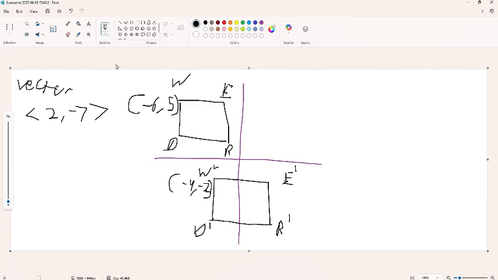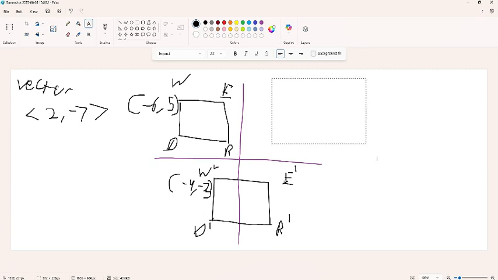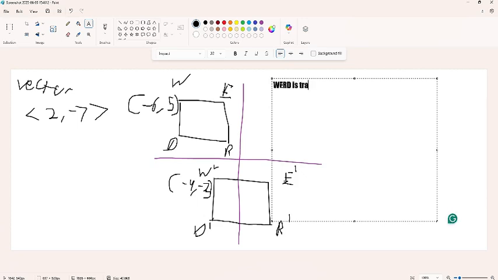Now we can say that WERD is translated across vector <2, -7>. We don't have to use that other vector now.